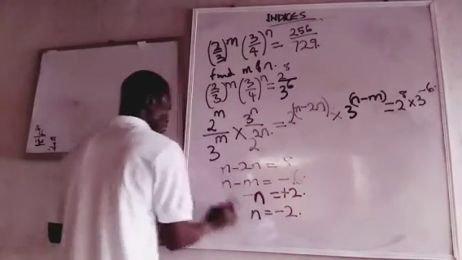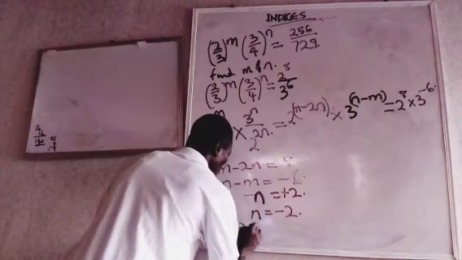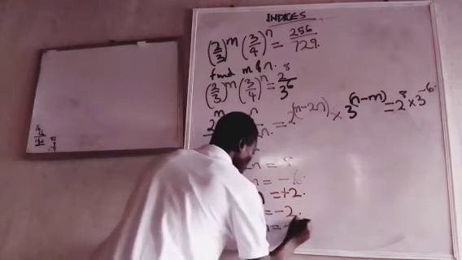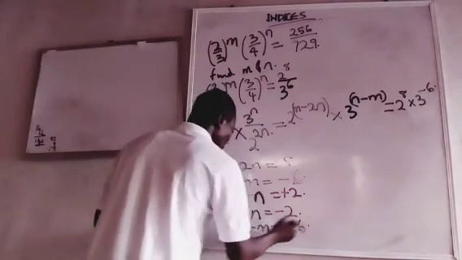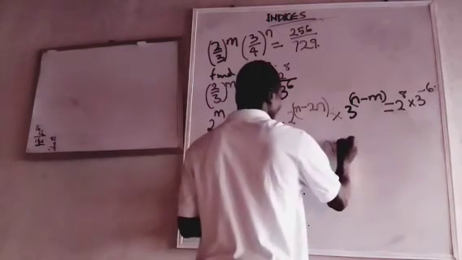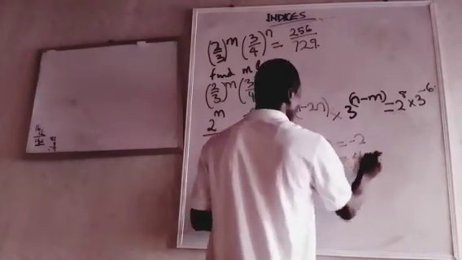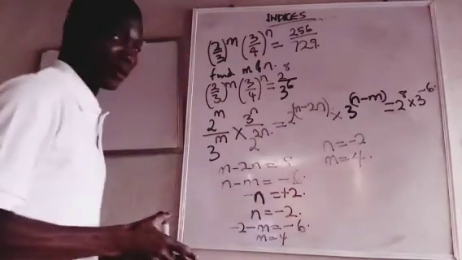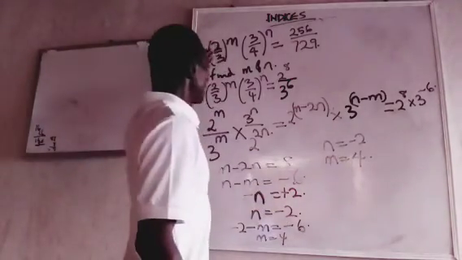Substituting this one here means that minus 2 minus n is equal to minus 6. So bringing this one here, it makes n equal to 4. So m equals minus 2, n equals 4. Very simple and straightforward. You can also confirm by substituting into the equation.